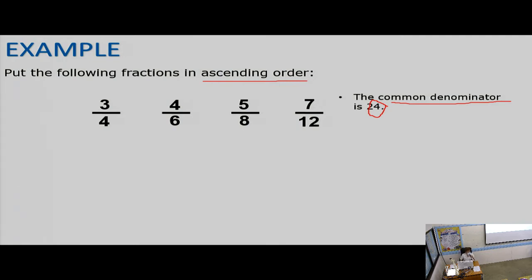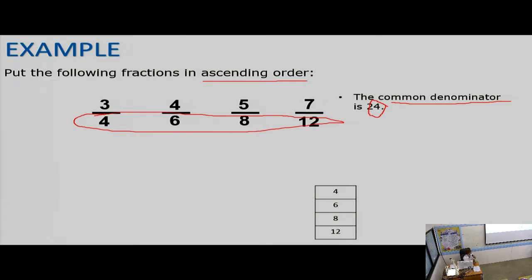If we look at these, these are the denominators, right? Remember, the one below the fraction bar is the denominator. So first is to find the common denominator. We have here 4, 6, 8, and 12. What are the multiples of 4? We have 4, 8, 12, 16. 4 times 1, 4. 4 times 2, 8. 4 times 3, 12.